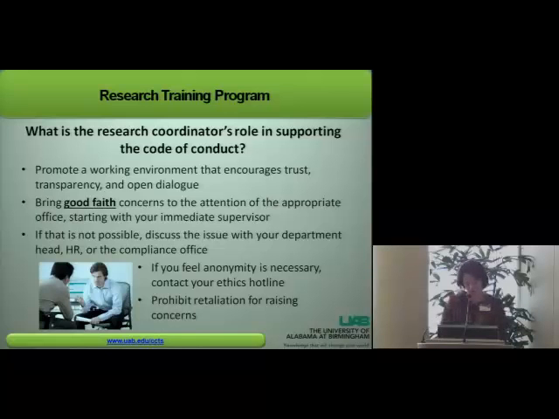Here at UAB, we operate an ethics hotline that's managed by a third-party service. Some organizations have third-party services, some are in-house. But generally speaking, anonymity is available in case the employee feels that is particularly necessary in their circumstances. However, all organizations are required to prohibit retaliation for raising concerns of that nature.